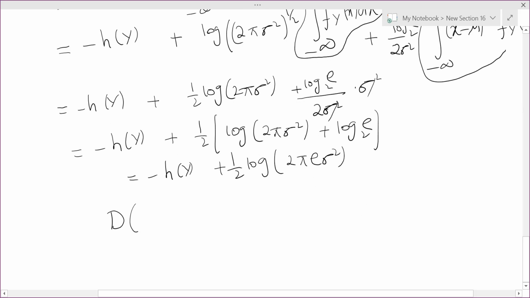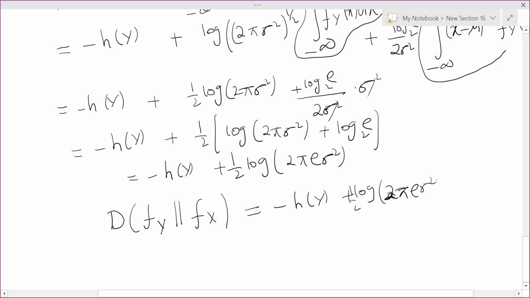Now this is the value of relative entropy between fx and fy, where fx and fy are two distributions of a random variable. They have the same variance, same mean, but fx is Gaussian, fy is unknown, that is minus h of y plus half log 2 pi e sigma square, and this we know is greater than or equal to 0 because relative entropy is greater than or equal to 0.